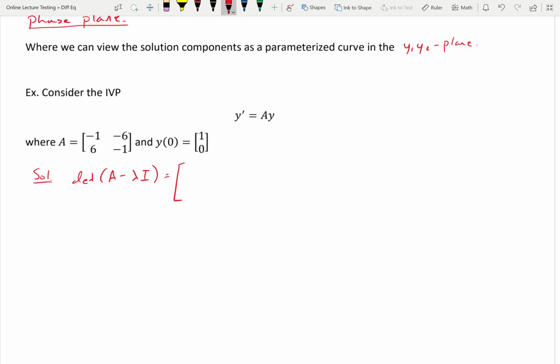It's the beauty of this, we can quickly erase and go back. All right, this is equal to (-1 minus lambda) squared plus 36. We need to set that equal to 0 because this is the eigenvalue problem. And once you solve this, you're going to find out that lambda is equal to -1 plus or minus 6i.